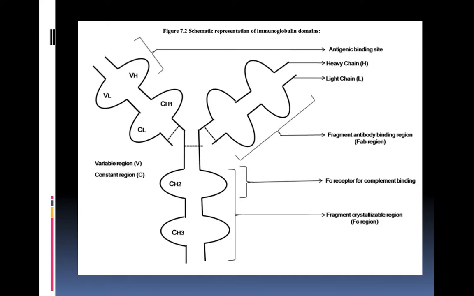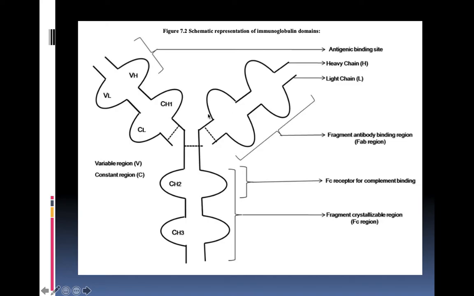Now, the fragment crystallizable region, on the other hand, is the distal region of the antibody. It is composed of two identical disulfide-linked peptides containing the heavy chains' CH2 and CH3 domains.